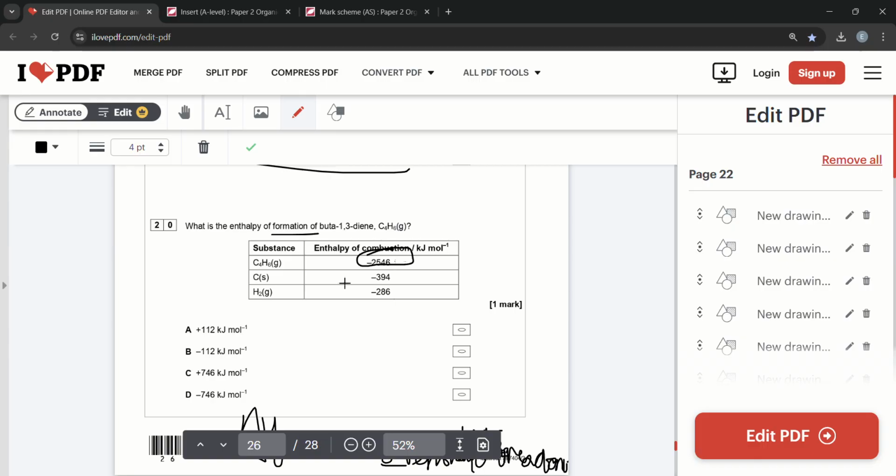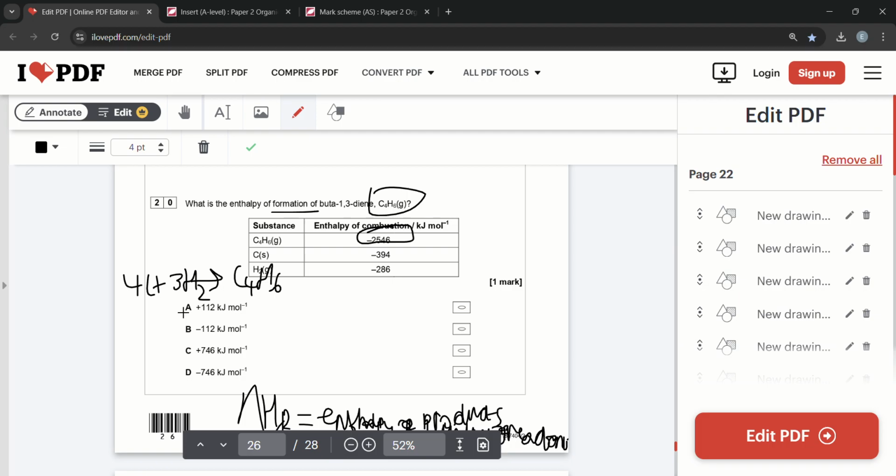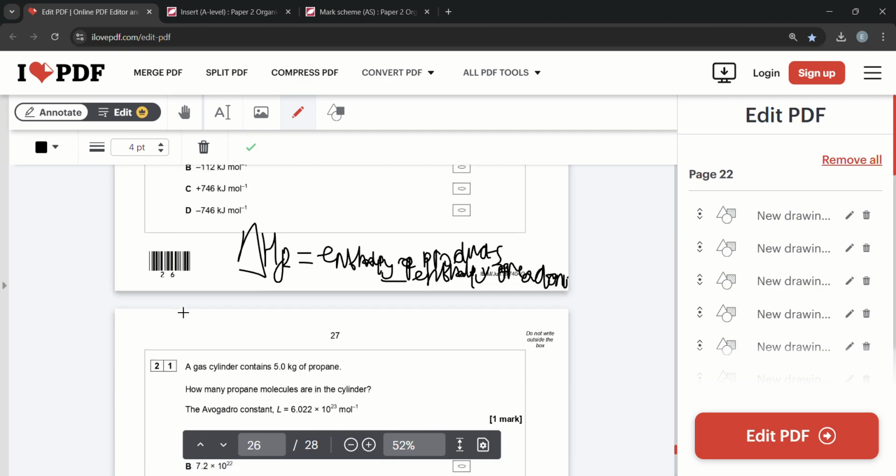Well, actually, let's construct the equation. Enthalpy of formation of this, we've got C4H6, now 4 carbons plus 3 H2s. So it's going to be enthalpy of products, so minus 246 minus enthalpy of reactants.